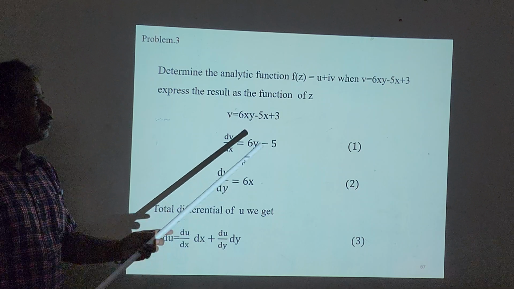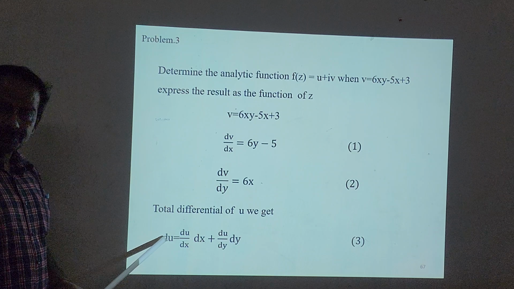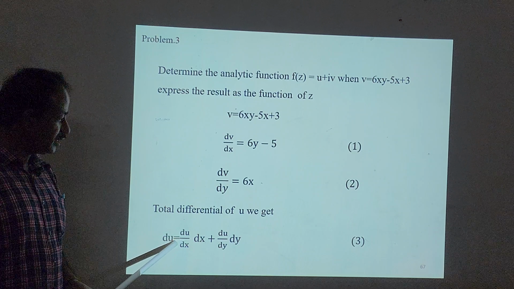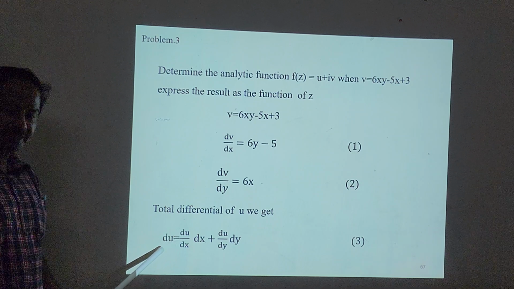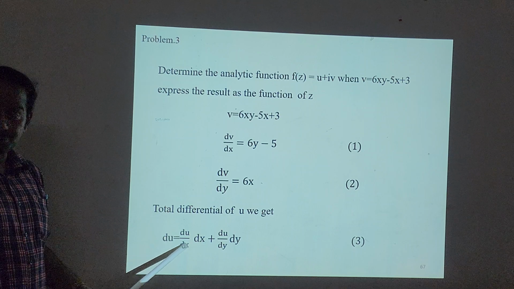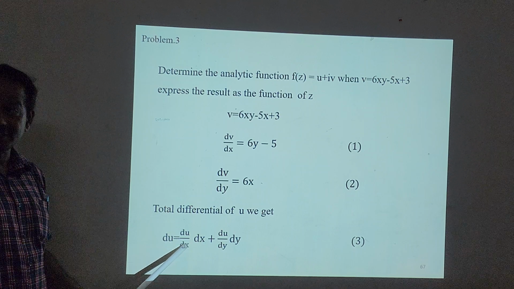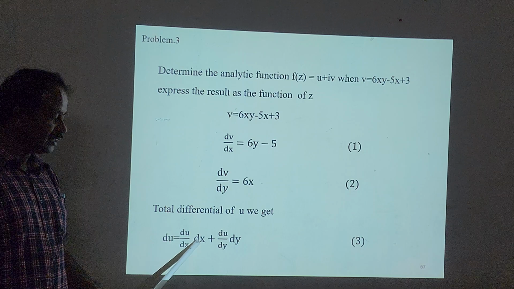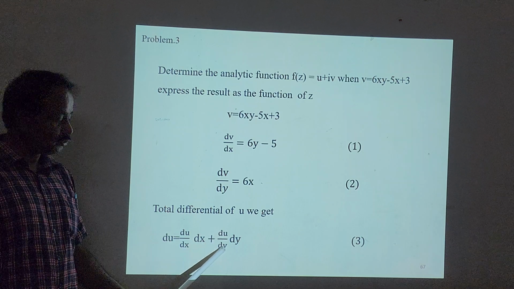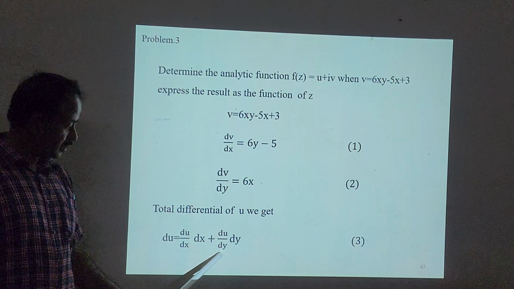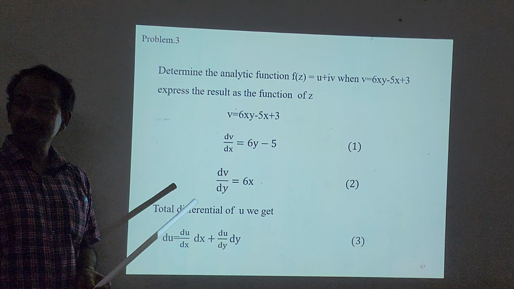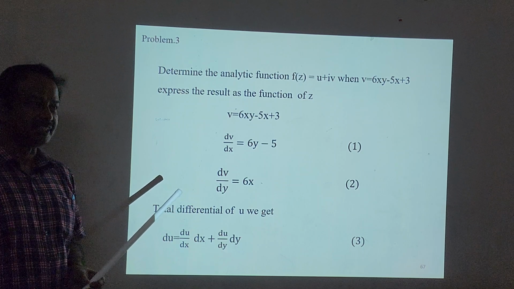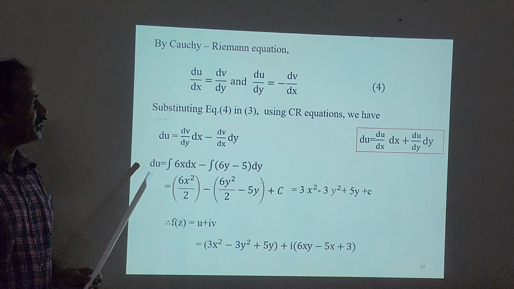Okay, so v is given. So as usual, you have to go only with u. So the actual differentiation of u is given as du equals partial du by dx dx plus partial du by dy dy. So these two should be replaced using the Cauchy-Riemann equation, as usual, the same procedure.